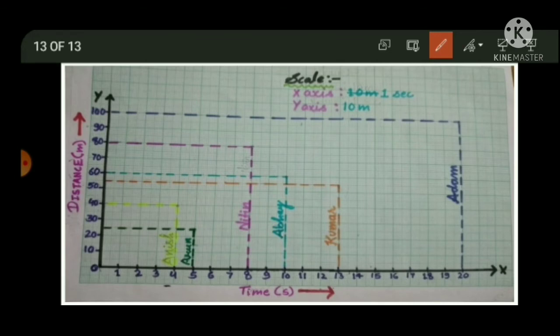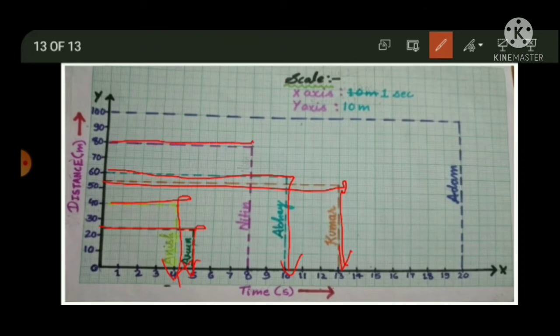Arun traveled 25 meters in 5 seconds, whereas Anish traveled 40 meters in 4 seconds, and Kumar traveled 55 meters in 13 seconds, whereas Abhay traveled 60 meters in 10 seconds, and Nitin traveled 80 meters in 8 seconds, and the last is Adam, who traveled 100 meters in 20 seconds.